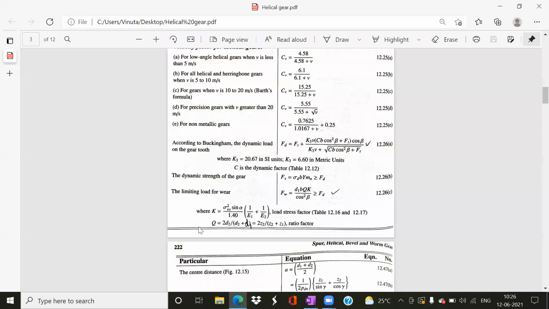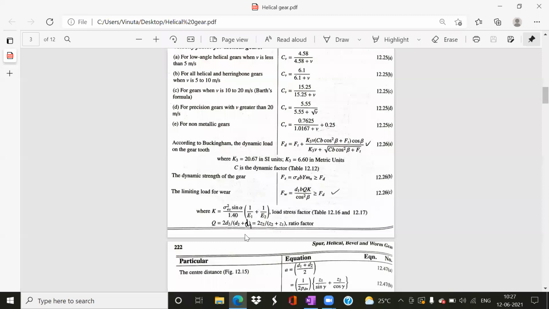In this case, how to calculate the Q? You can use this equation 2D2 divided by D1 plus D2, or 2Z2 divided by Z1 plus Z2. And here you can see that for the condition, if the design has to be safe, the wear load has to be greater than the dynamic load.